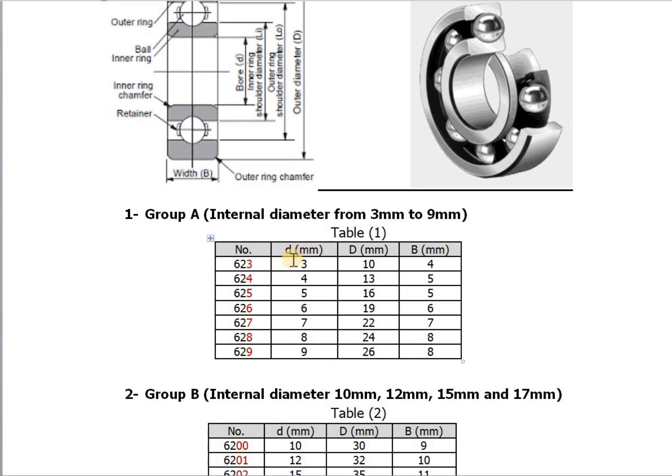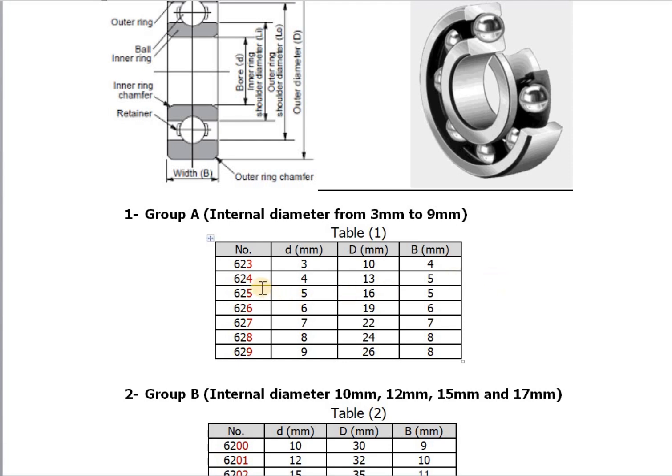From the internal diameter, we can follow the row and find the outside diameter and width of the bearing. This is the width, this is the outside diameter, and this is the internal diameter. From technical design tables, we can follow the same procedure to get the remaining dimensions.